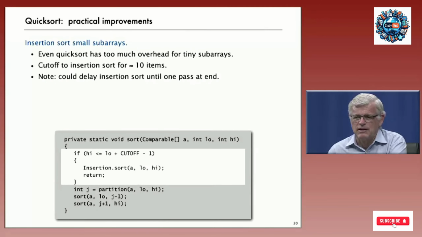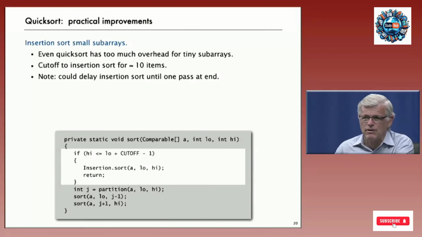So what about in practice? This is our fastest sorting algorithm, and there are a few ways to make it even faster. We looked at some similar things with Mergesort, and it's definitely worthwhile implementing for Quicksort. First thing is small subarrays. Even Quicksort has more overhead than you want for a tiny array like one of size 2 or 3 or 4.